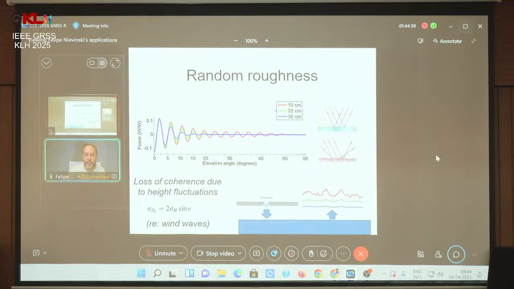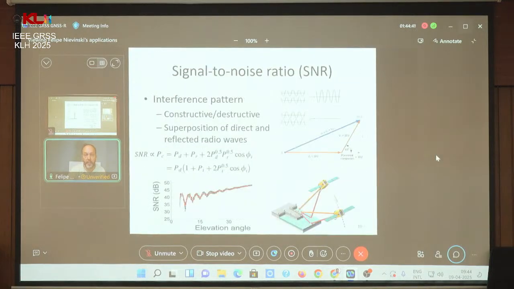So let me go back here. If this cosine is shifting towards values slightly greater and slightly less than the average interferometric phase, then you get a decrease in the amplitude of your oscillations.